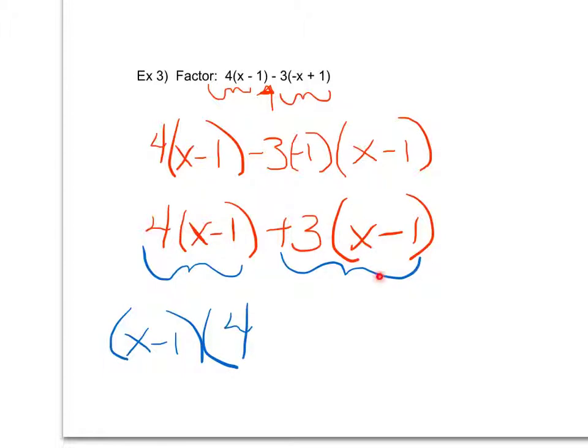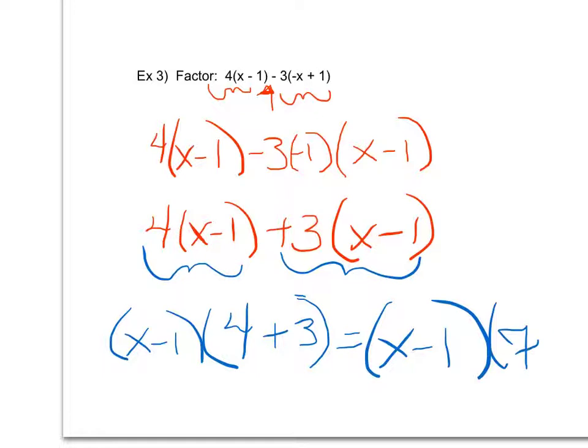When I take an x minus 1 out of my second term, I'm left with 3. From here, I could also, if I wanted to, combine the 4 plus 3, giving me x minus 1 times 7. I guess I didn't realize, it's kind of an awkward problem that I made up, that you could do that. I should have put a variable by either the 3 or the 4. But the concept still remains the same.